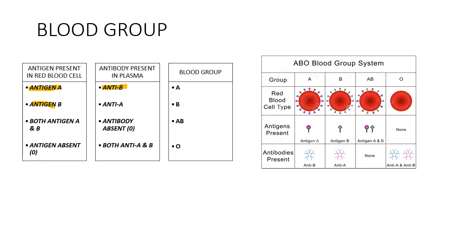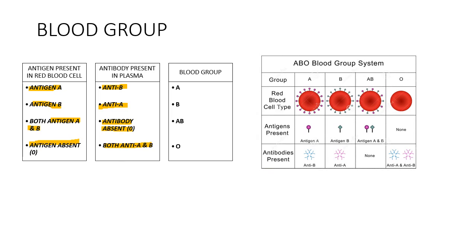Antigen B in the red cell will have antibody A. If the red cell carries both antigen A and B, the plasma will not have any antibodies. And if the red cell has no antigens, the plasma will have both antibody A and B. So this is how our blood group is formed.